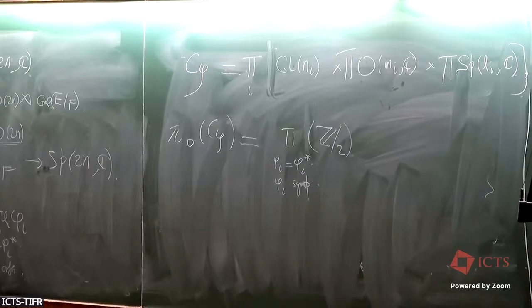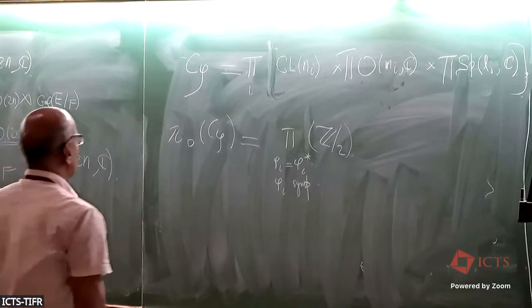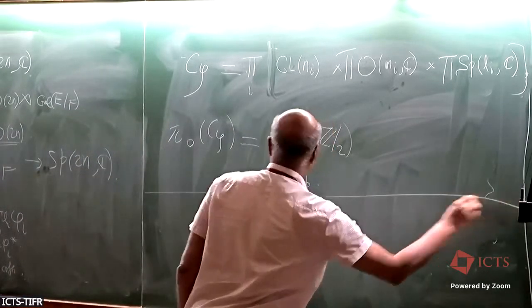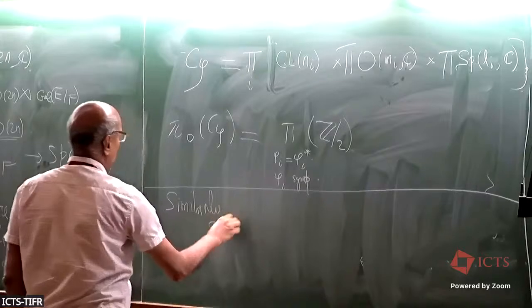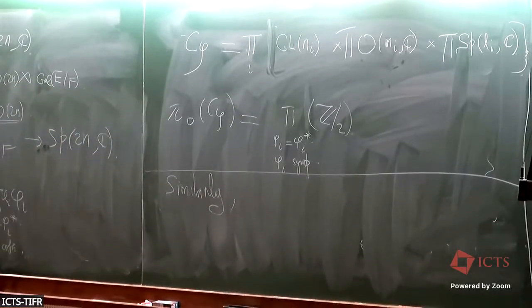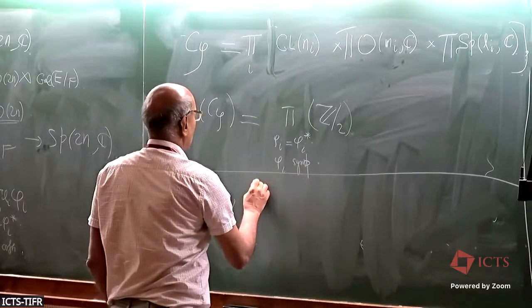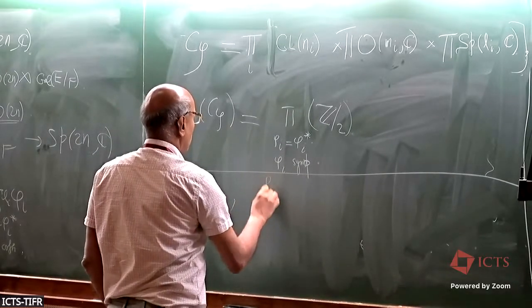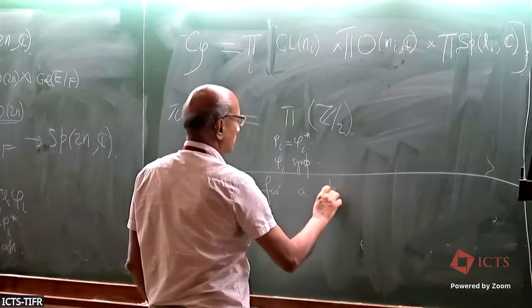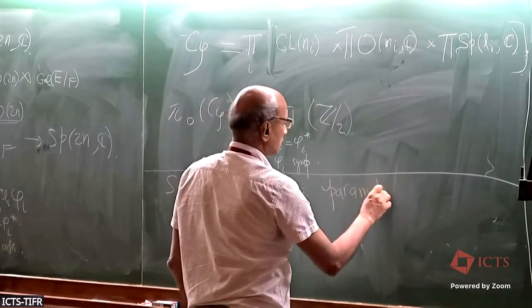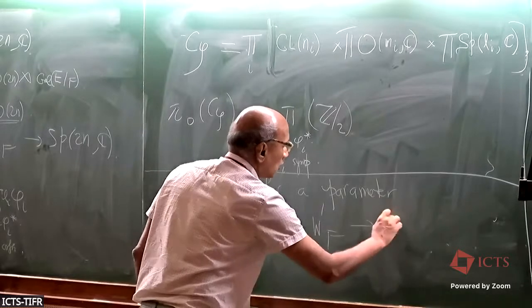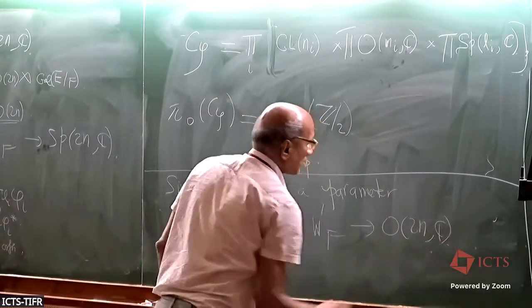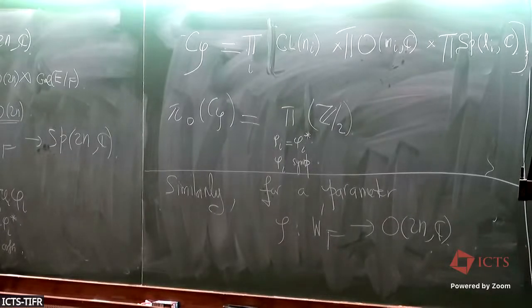All right, so this is the character group of the component group. And similarly, for a parameter phi for SO(2n), from the Weil-Deligne group W'_F to O(2n, C), you can do the same decomposition.